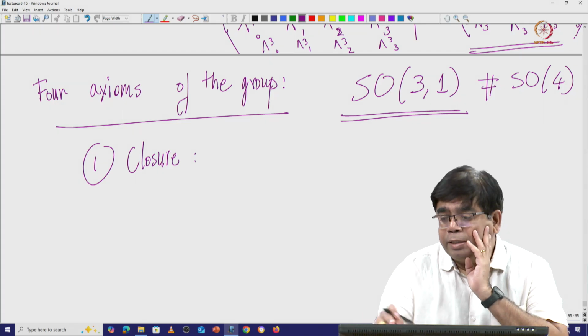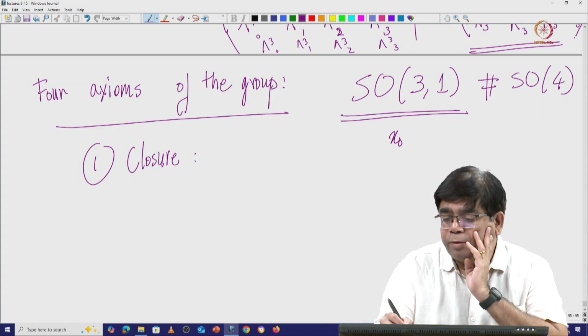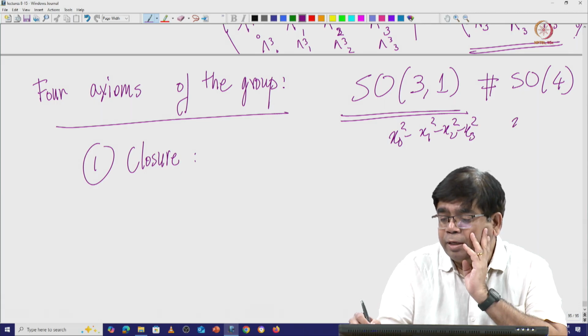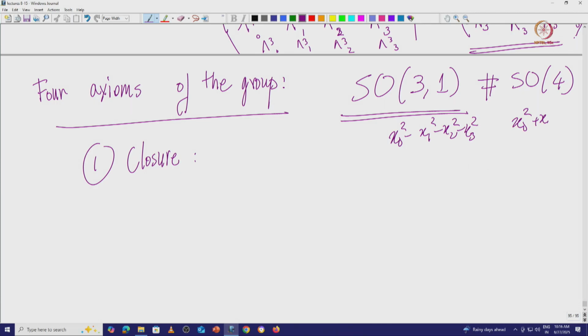It conserves x0 square minus x1 square minus x2 square minus x3 square, but not x0 square plus x1 square plus x2 square plus x3 square. So it doesn't conserve this length, it conserves the line element which has a minus sign within the time element. Such a group is called SO31. I am telling you the name right away. I am also telling you that it forms a group.